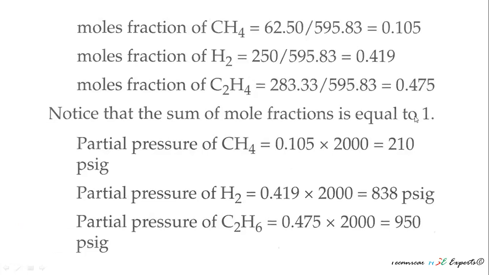This is just a cross verification, whether we are proceeding rightly or not. Next, for partial pressure, we know it is mole fraction multiplied by total pressure. Total pressure is given in the question. So here we will identify the partial pressure of all the compounds individually.